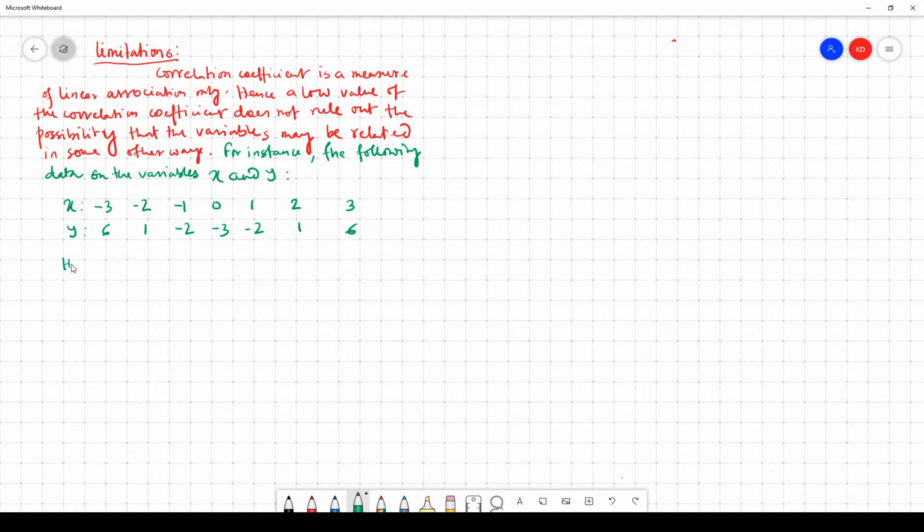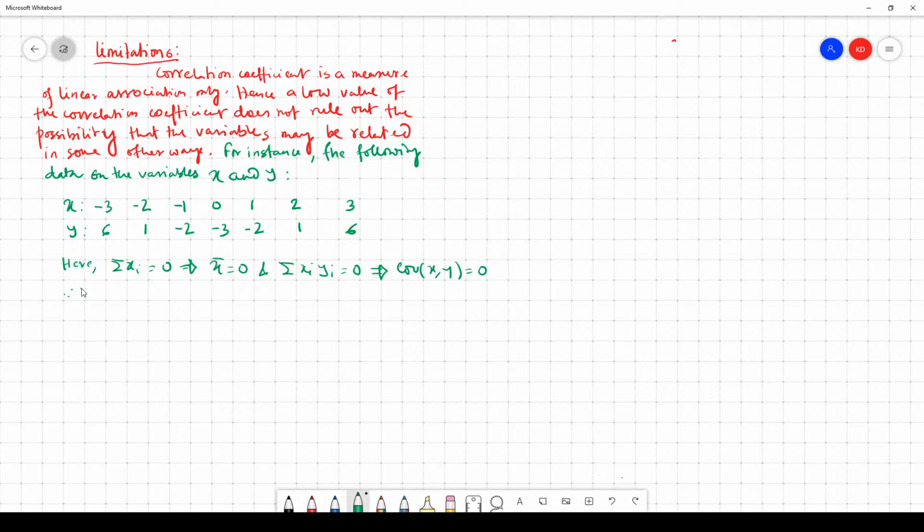Here we see that summation xi equal to 0, this implies x bar equal to 0 and sum of xi yi is 0. Hence, covariance of x comma y should be 0.